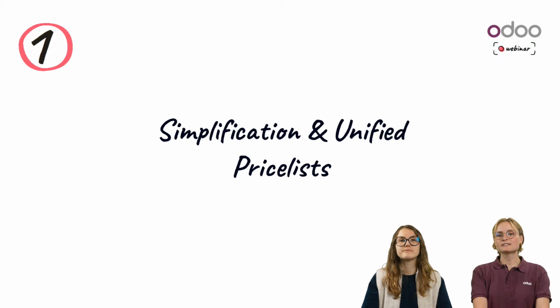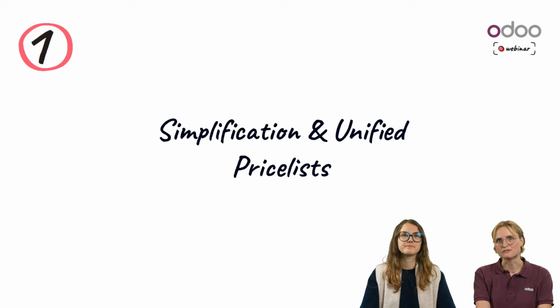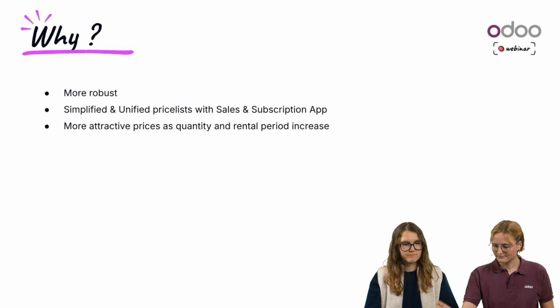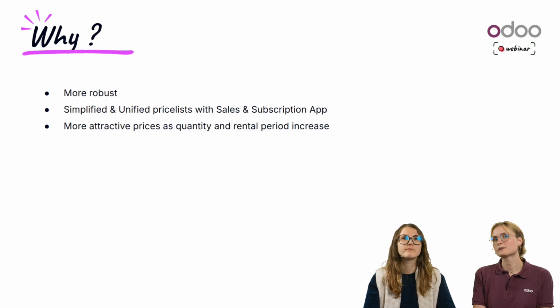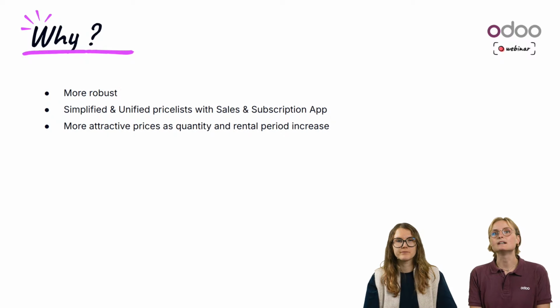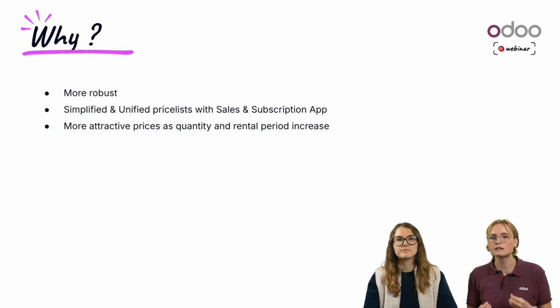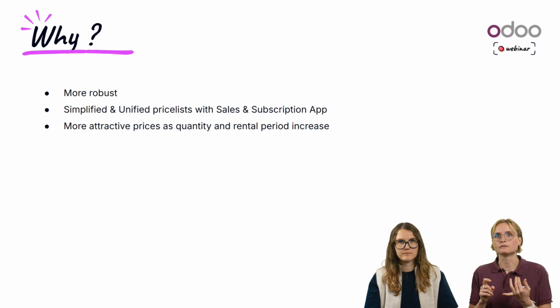So let's get started with the biggest feature, the simplification and the unified price lists. How does that work? Why were the rental prices revamped? You will see that now they work differently, they are computed differently. First, to make it more robust from a technical point of view.